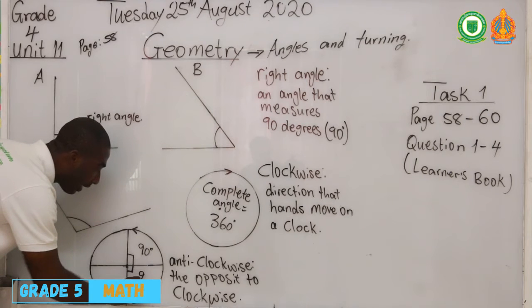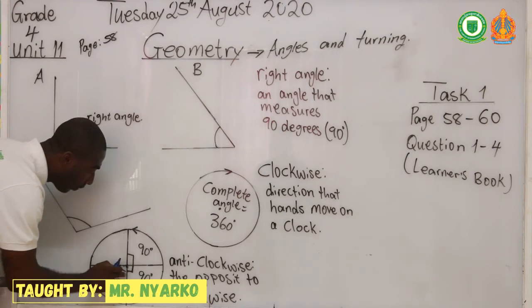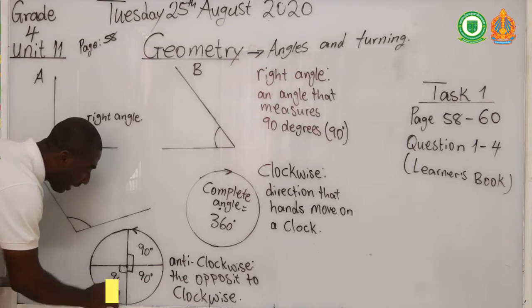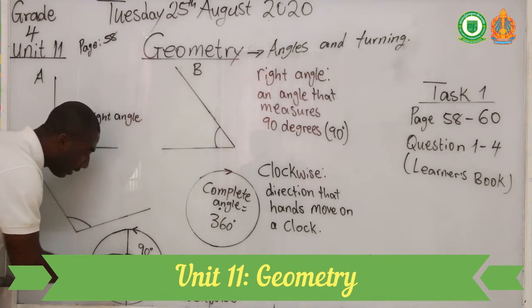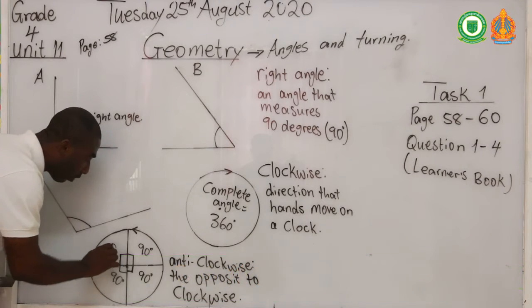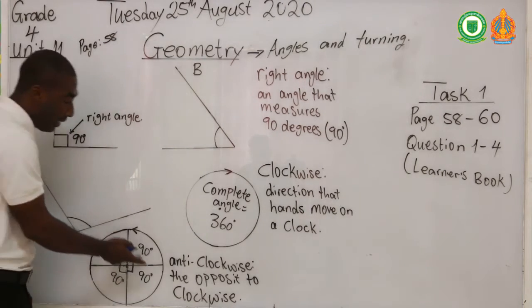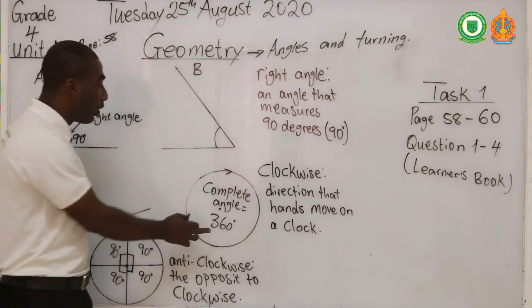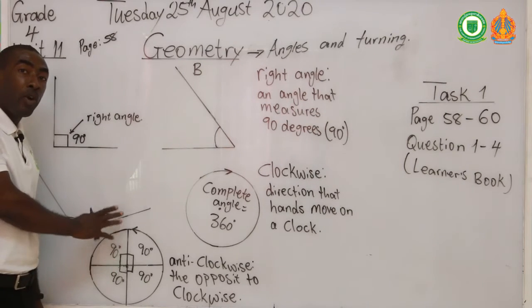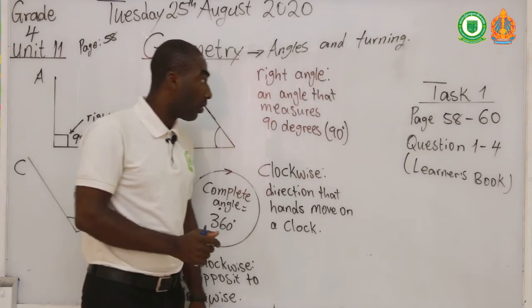That means we have 90 degrees over here, okay? The same way, this side will also form a right angle here. That means we'll have 90 degrees, and then this side will also be 90 degrees, okay? So 90 plus 90 plus 90 plus 90, which is 90 times 4, will give us 360 degrees. That is why we say a complete angle is always equal to 360 degrees, okay?